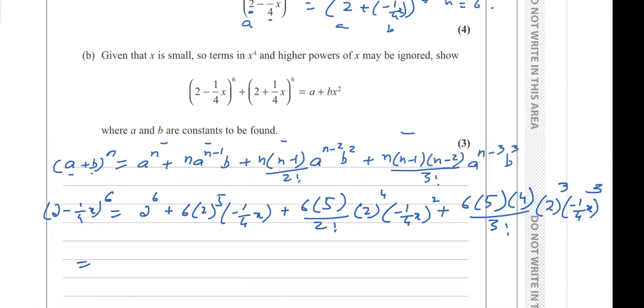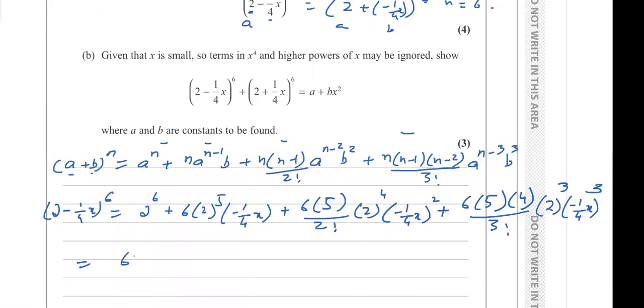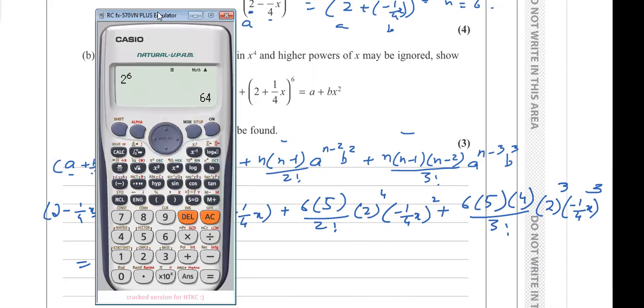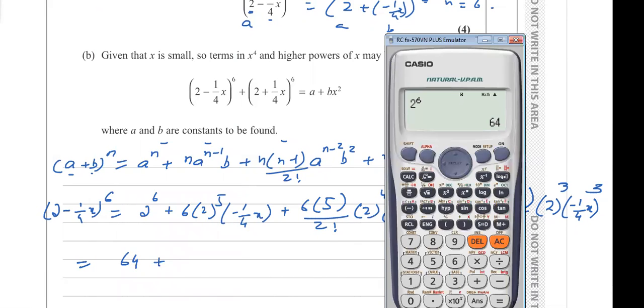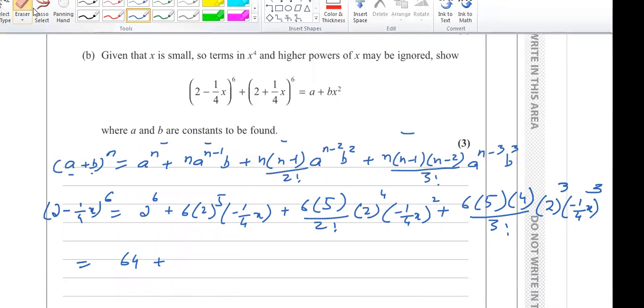Now what is 2 power 6? 2 power 6 is 64. I can write 64 plus, now let's solve this portion. Instead of plus, it's better because this plus and minus will become minus.